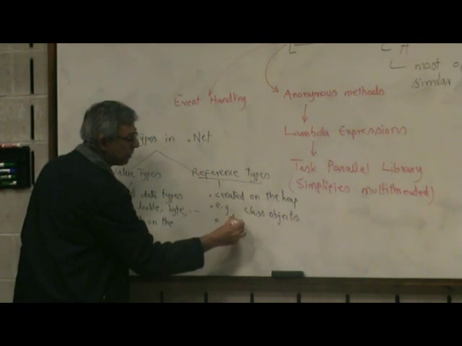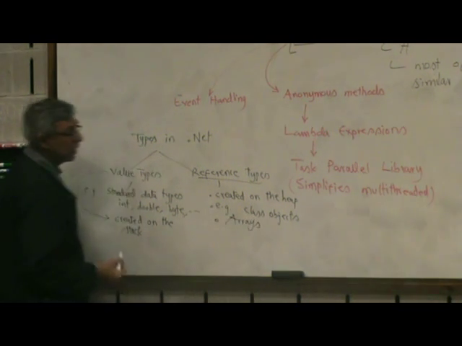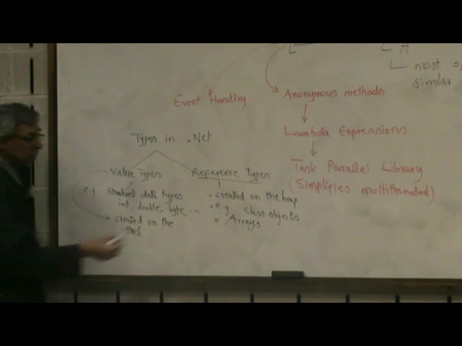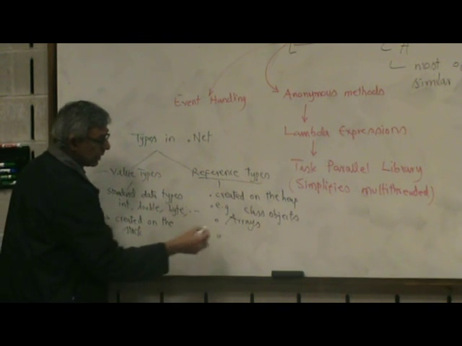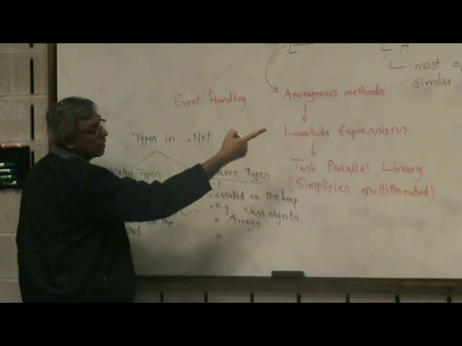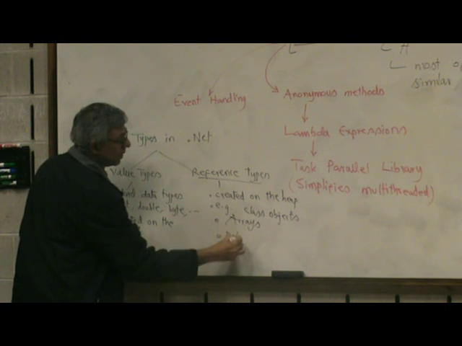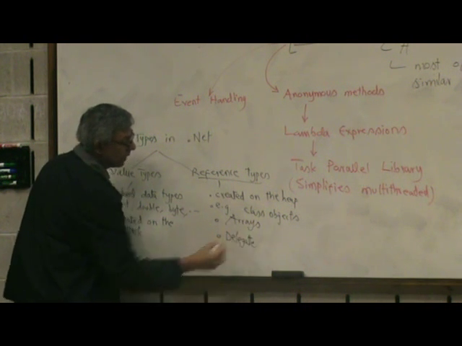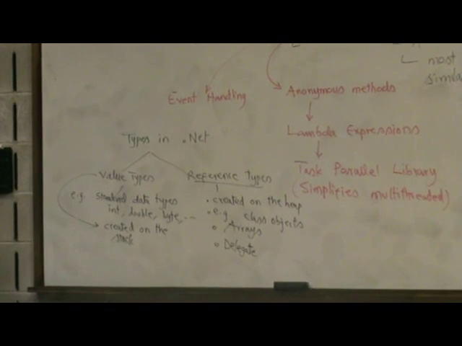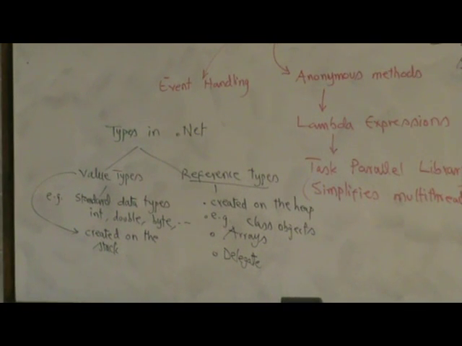Arrays. Memory for arrays is always allocated on the heap, so arrays are reference types. As we discuss delegates, you will see that a delegate is a reference type. That means once we create a delegate, the memory for it will be allocated on the heap.